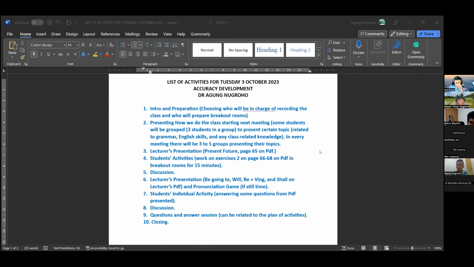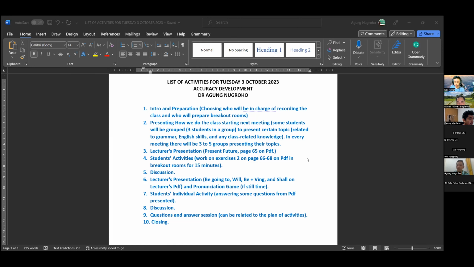So a group of 3 people, and probably each meeting I will appoint 3 to 5 groups for next week. For instance, at the end of the day today, I will choose 3 to 4 to 5 groups. Each group will contain 3 people. And then this group will be assigned to present something for the next meeting. For example, group 1 will be assigned to present present perfect and present perfect progressive.